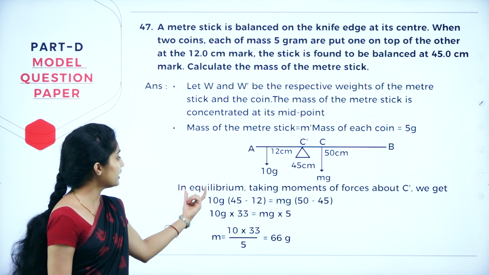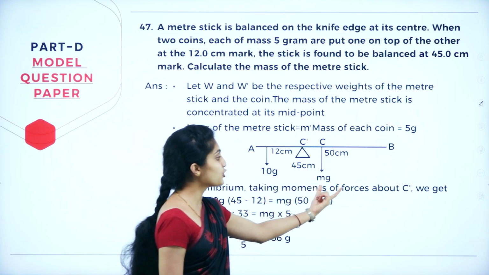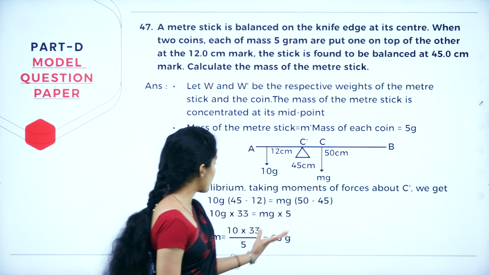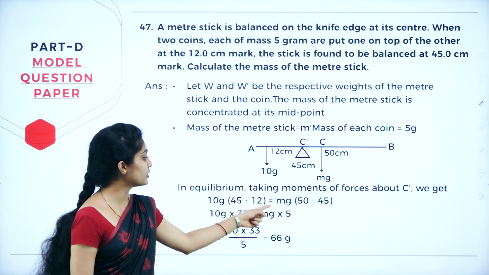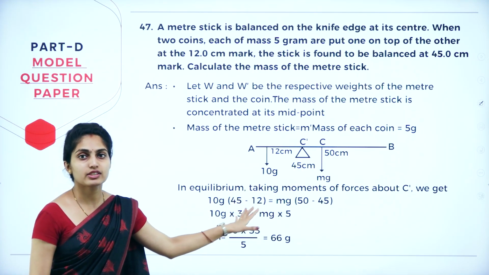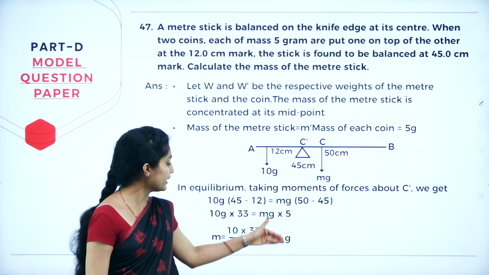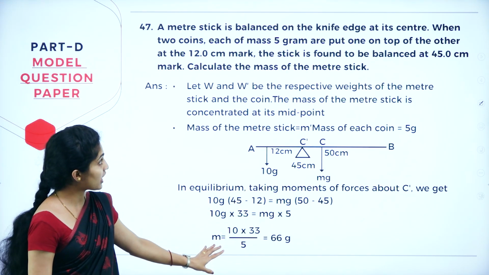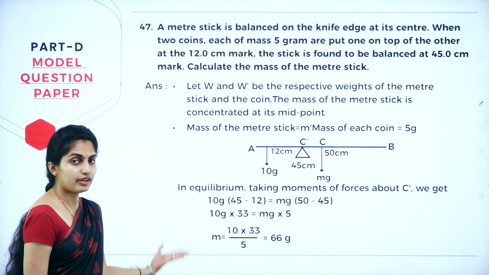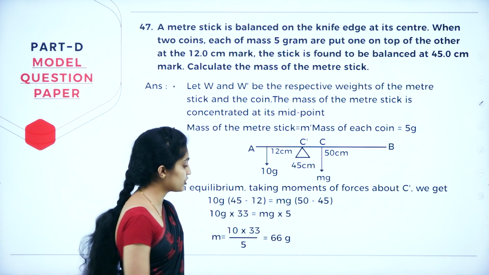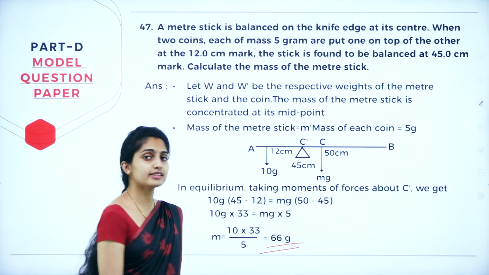And having it in equilibrium, we have to take the moment of force about C dash. And what do we get? We get 10 grams multiplied by 45 minus 12. These are the set of equations you have to go with. And finally, what are they asking you to find out? M. So keep the term which has to be identified on your left hand side and get the equation which gives the answer as 66 grams.